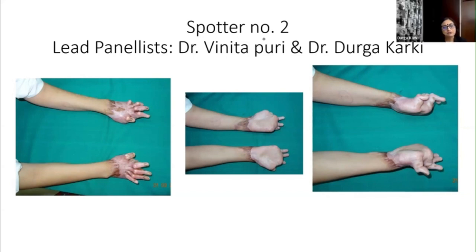Just tell the diagnosis of this patient. 4C, ma'am. It's a post-burn contracture hand with the claw deformity and Macaulay class 4C.